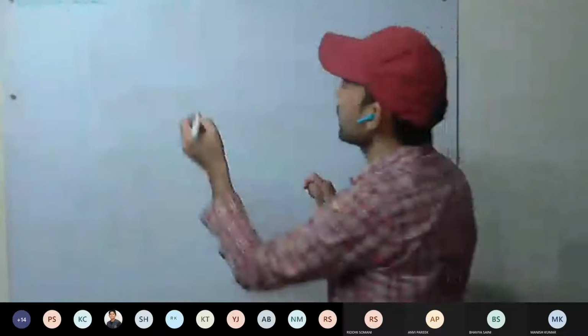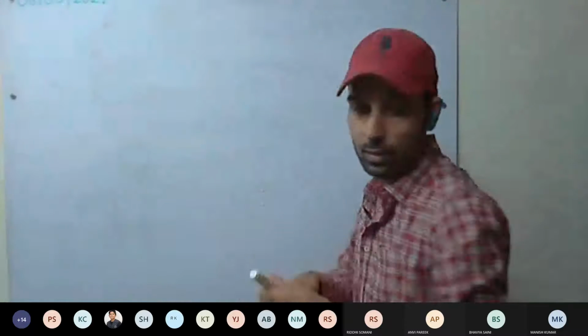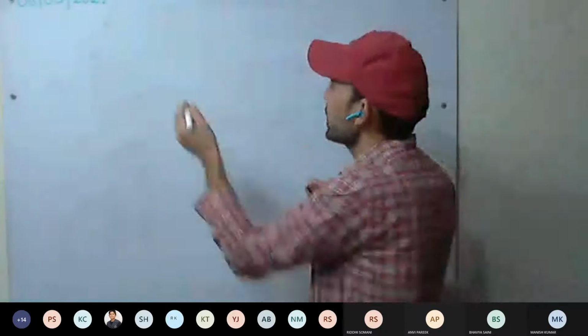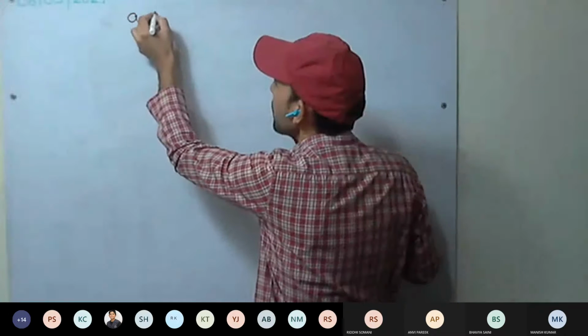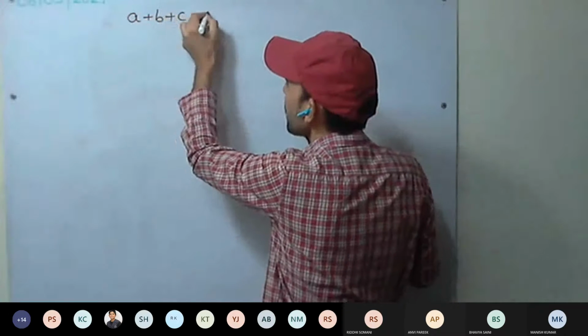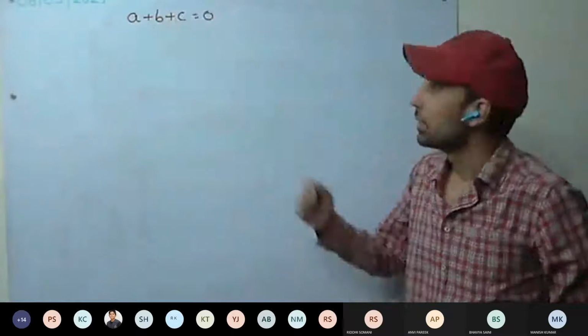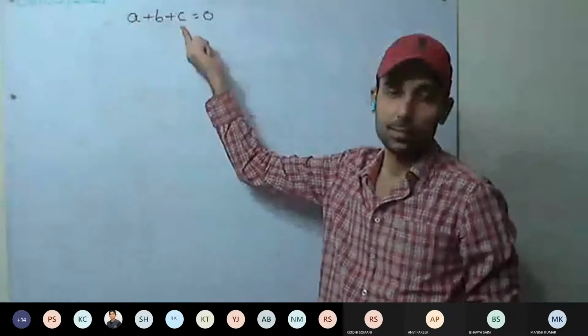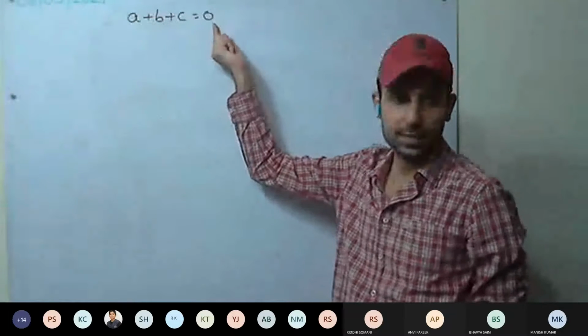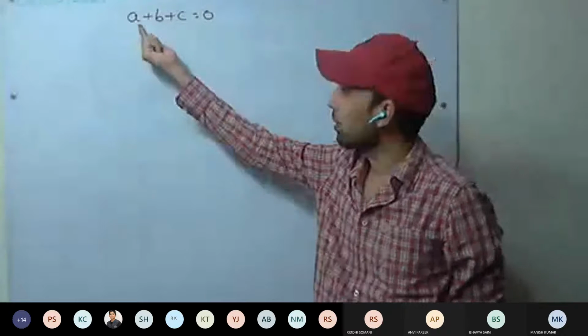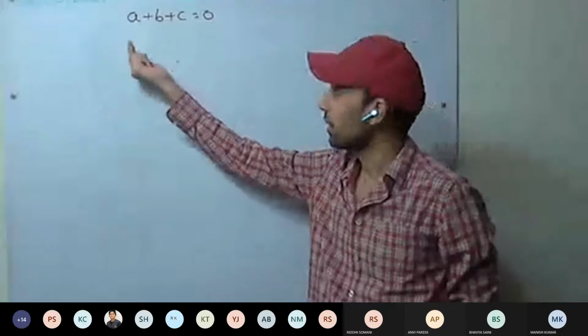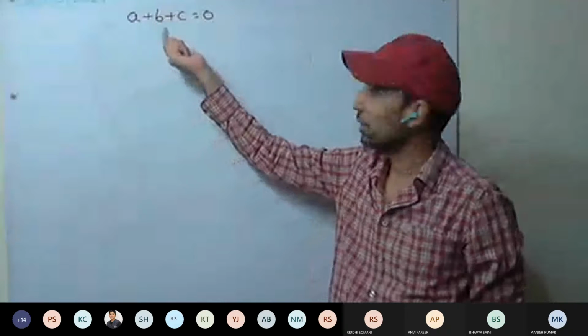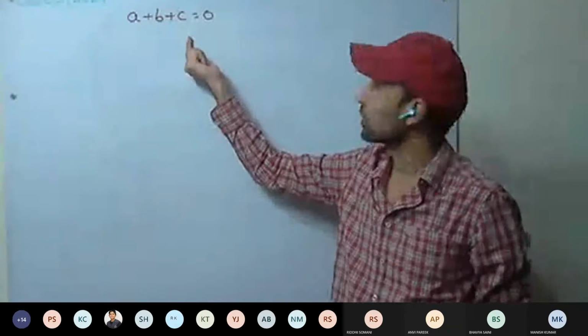That is, if the condition is A plus B plus C equal to 0, three variables are there. If their sum is 0, they may have some values. For example, A is having some value, B is having some value and C is having some value.